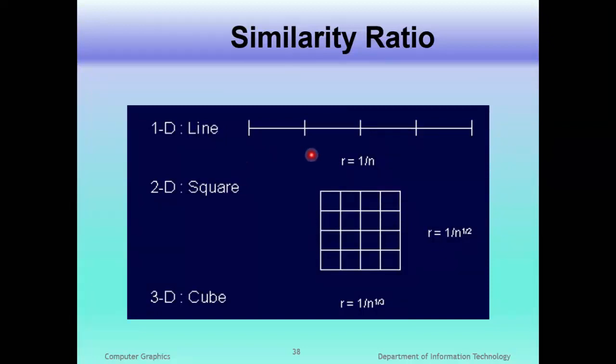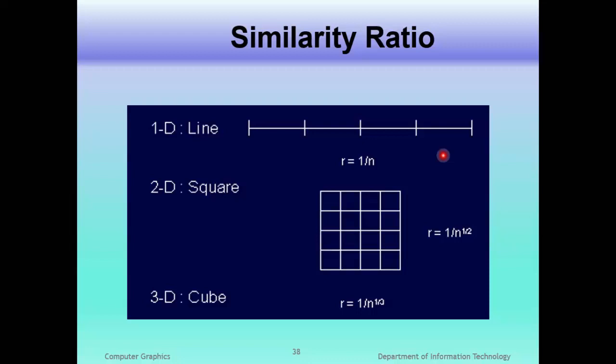Suppose this is a line of 5 cm. It means we have scaled the thread by 1 by 5.